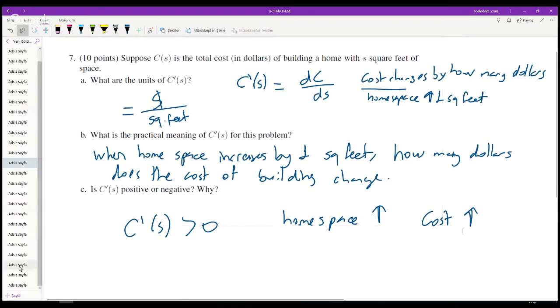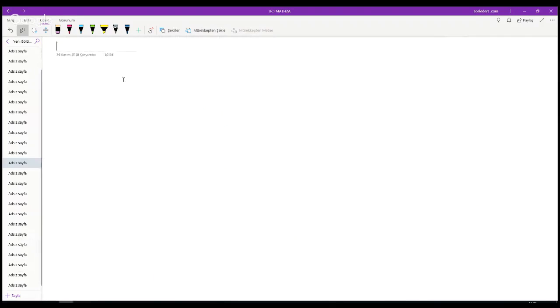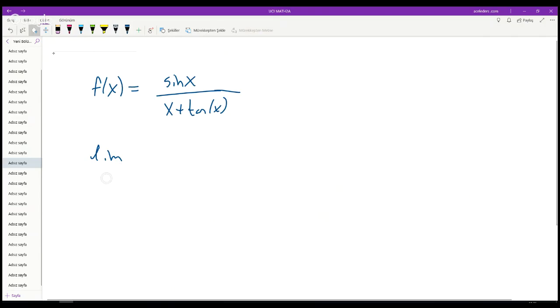There was a limit question. It's like f of x equals sine x over x plus tangent x. I did not try to solve the question before, but I will try. So the question is the limit as x goes to 0.